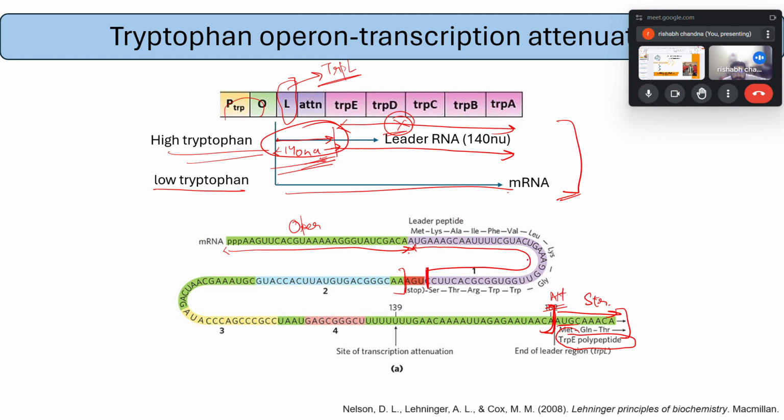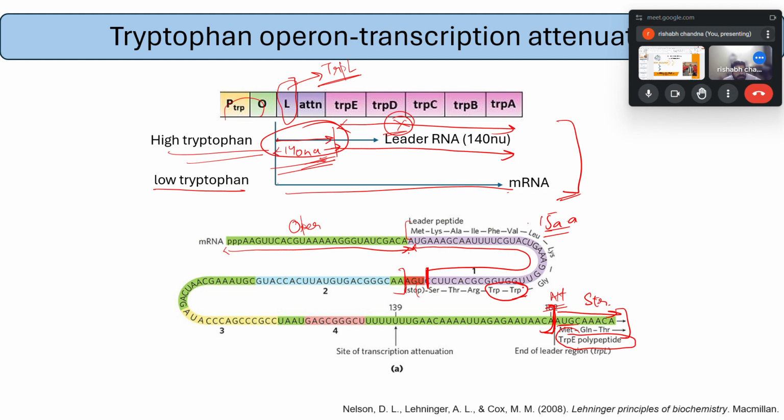Now, as you can see, this leader peptide is about a 15 amino acid long sequence, and there are two tryptophans present here. So what happens when the tryptophan amount is high in the cell?